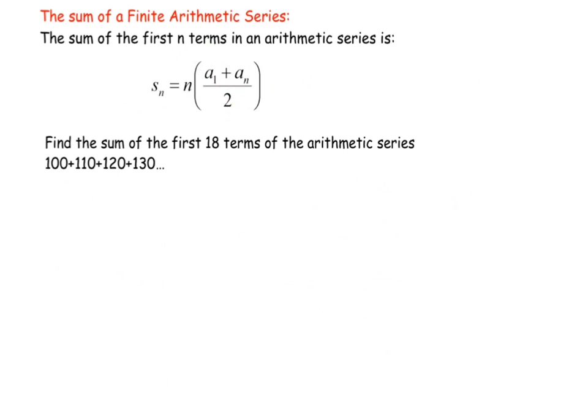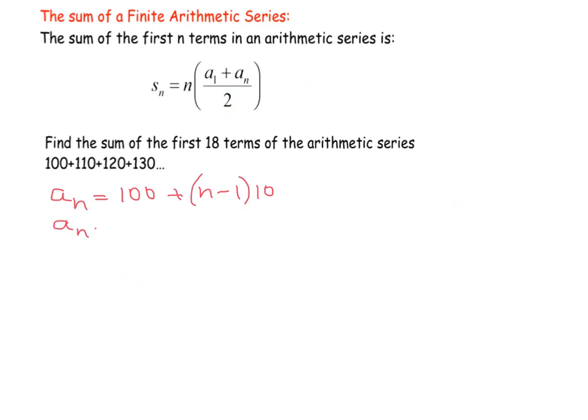And first, I would like to write the rule, because after I write the rule for the sequence, I'll be able to figure out what the 18th term should be. So I know that the common difference is 10. I know the first term. So an is going to be 100 plus n minus 1 times 10.